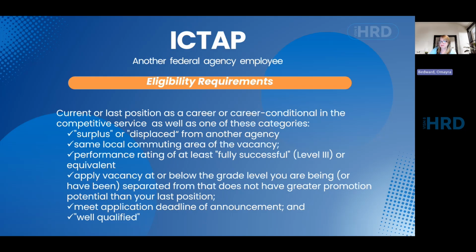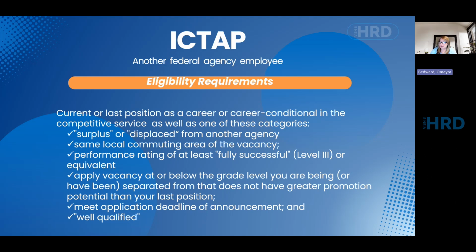One other requirement is that they have to apply for a specific vacancy at or below the grade level that they are being separated from, and the position cannot be a targeted grade. If they're going to apply for a position that is an 11, 12, and the position that they were displaced from, surplus, or whatever the reason is, it cannot be a targeted position. It cannot be greater than what they left. They have to meet the application deadline, and obviously they have to be well qualified.